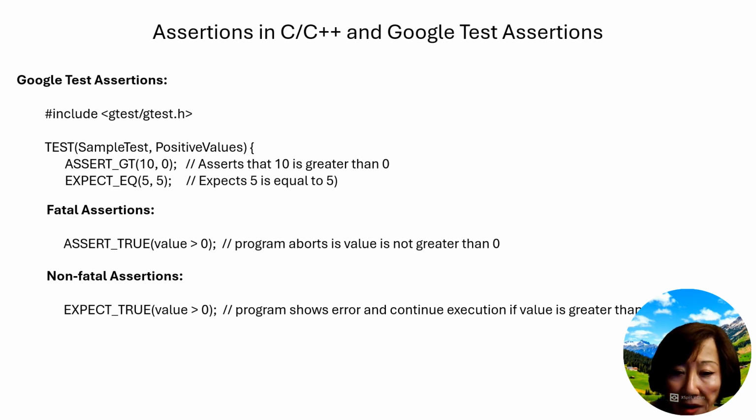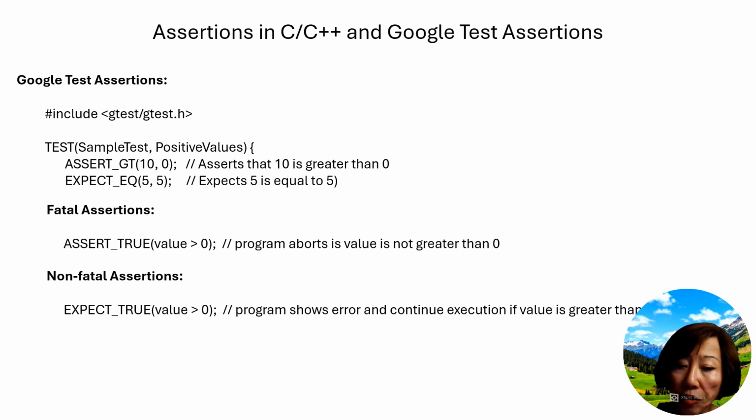But for expect, it's a bit different. And here, if you say EXPECT_EQ 5 equals 5, one is a fatal assertion and the other is non-fatal. When you use assert, the program will stop, will abort, if the value is not greater than 0. Right?